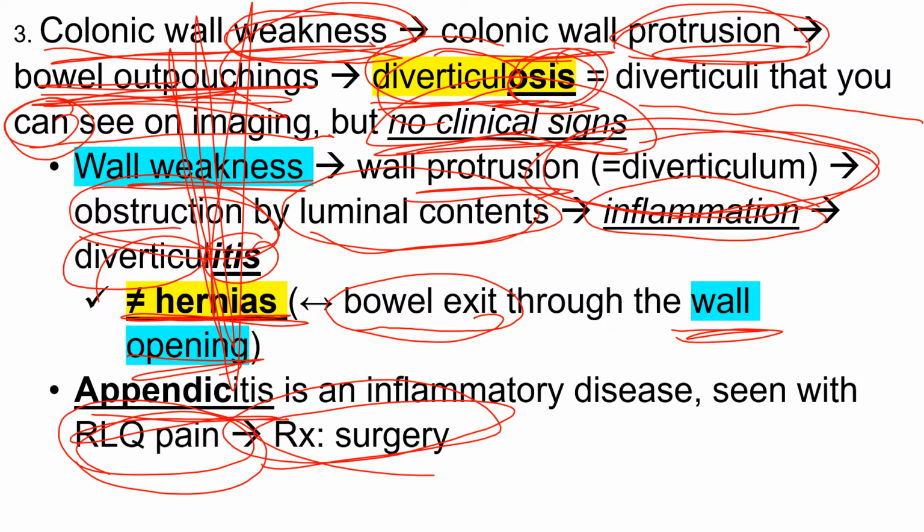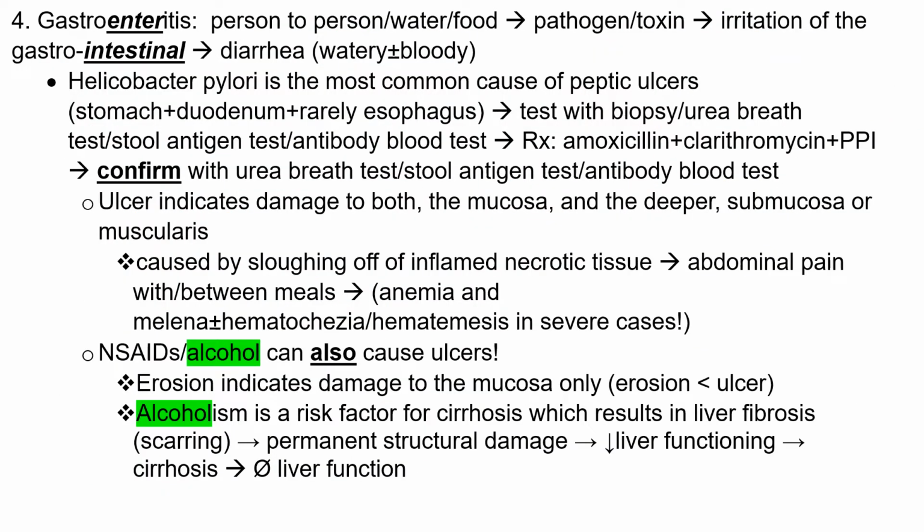The appendix looks like a finger-like projection, and it too can be blocked off at the base where it connects to the cecum, the colon, and get inflamed, and that's itis of the appendix, appendicitis, similar to diverticulosis inflaming, which we term diverticulitis.